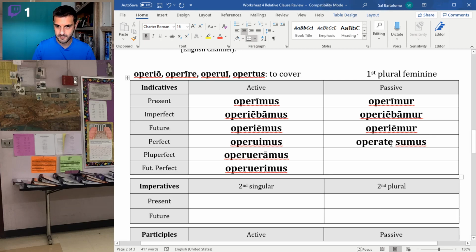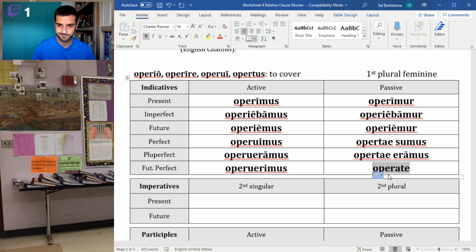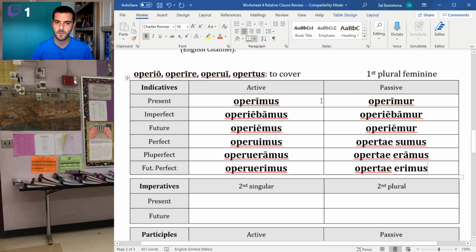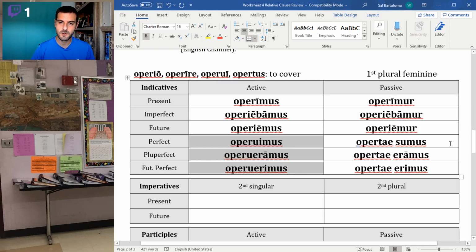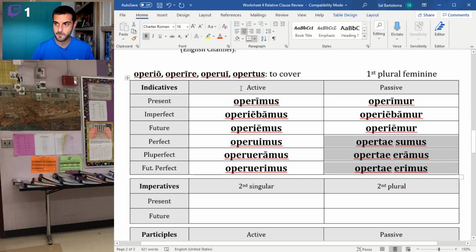Oh, it changed opertae to operate. Don't do that. It's going to keep doing that to me. Eramus. And opertae, erimus. Okay. So the first six forms are based on the first and second principal part. These three are based on the third principal part. These three are based on the fourth principal part.